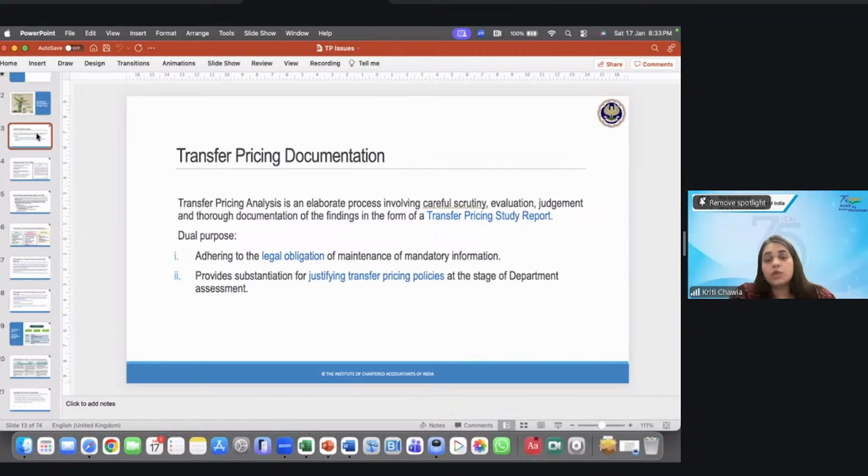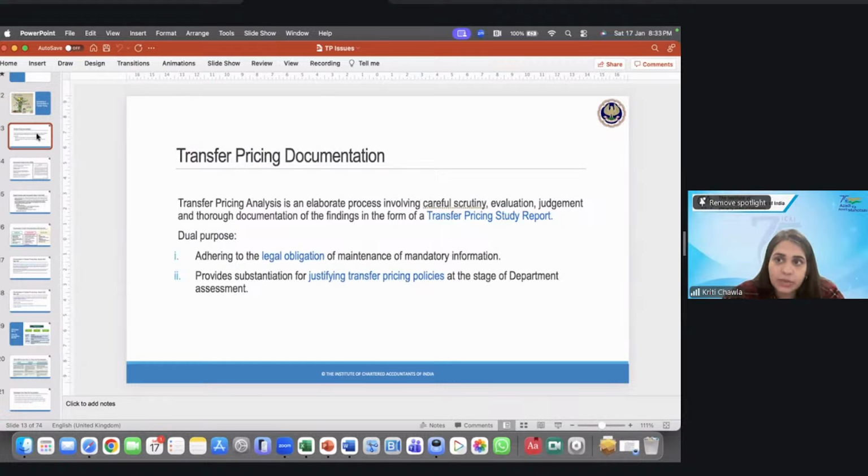One, obviously, you would be adhering to the legal obligation of maintaining the mandatory information. So it's provided in law, and you are abiding by the law when you're preparing this particular transfer pricing documentation.